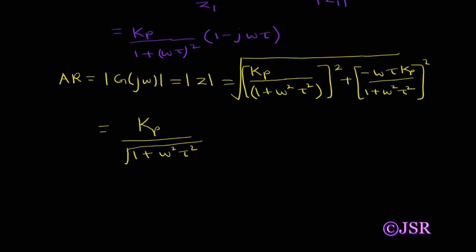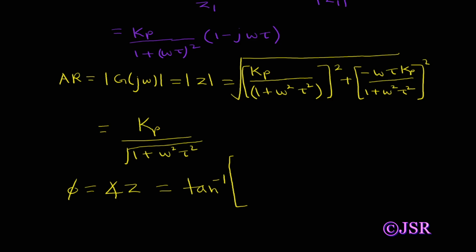Similarly, the phase shift phi will be equal to the argument of z, that is argument of G(j omega), and that will be equal to tan inverse of the imaginary part of z upon real part of z.